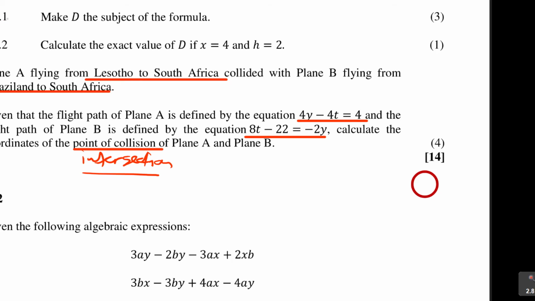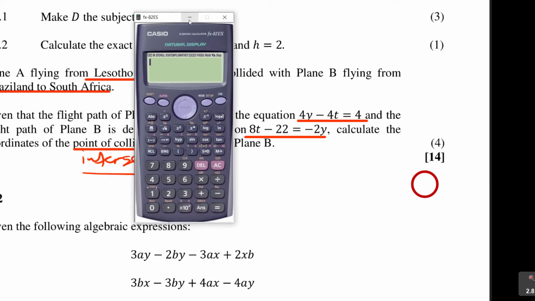So let's test that. 4y is 3 minus 4, t is 2. It must give us 4. There is 4. Go to the next equation, 8, and then t is 2. Then minus 2 times 2. What is the answer? Minus 6. That is the left hand side.